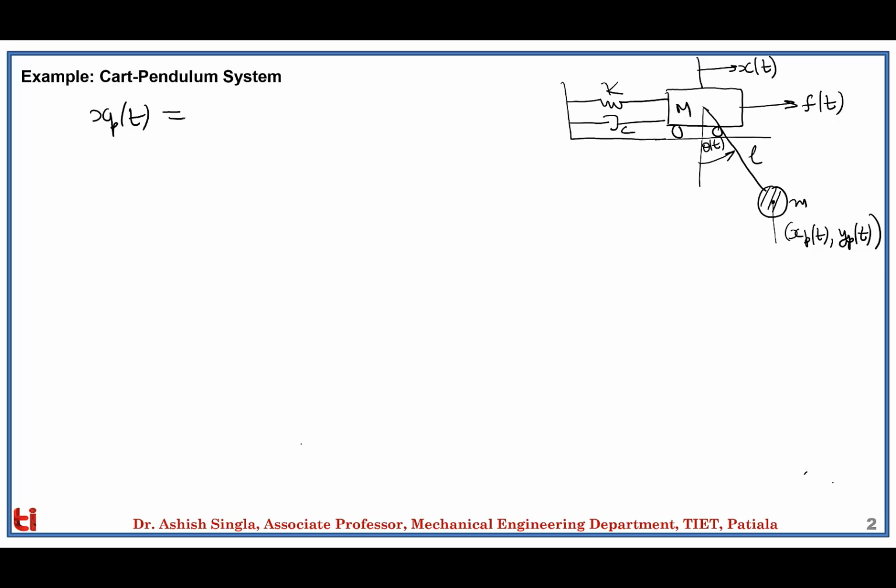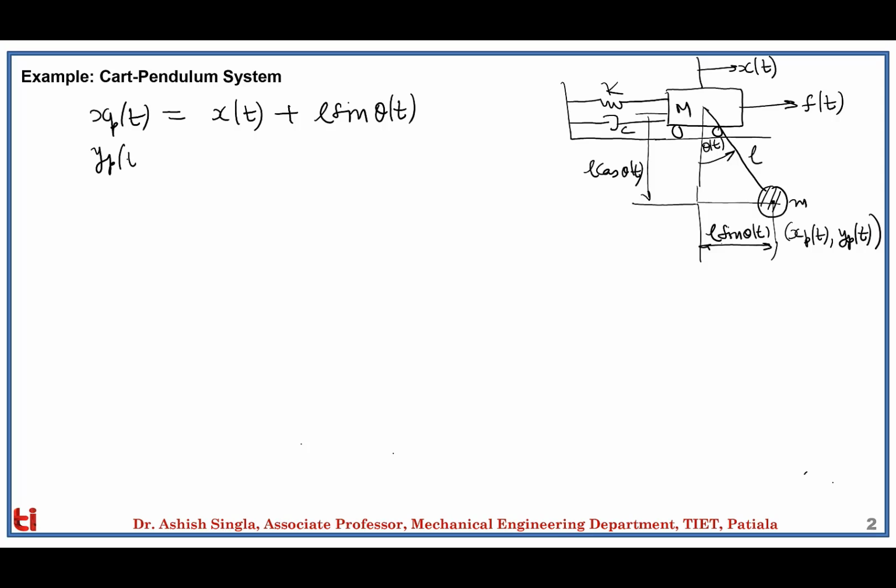where we can represent xp is equal to x of t, the cart position, plus L sine theta t, because we know that from the current configuration this represents L sine theta t and this reference represents L cos theta t, and yp represents L cos theta t, where we can take, let's say, y in the downward direction.